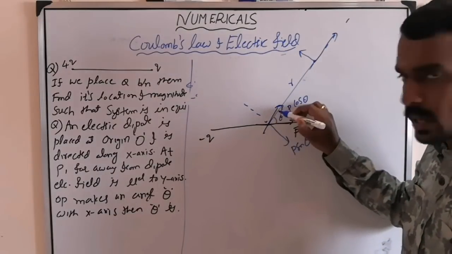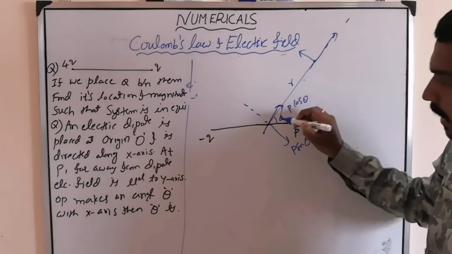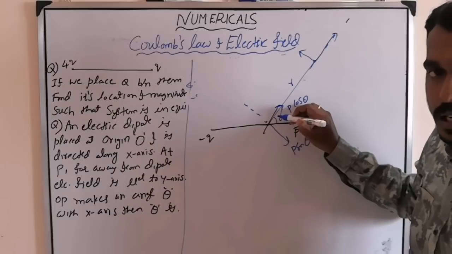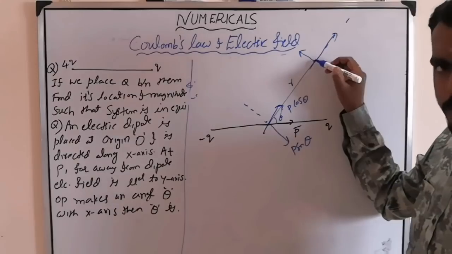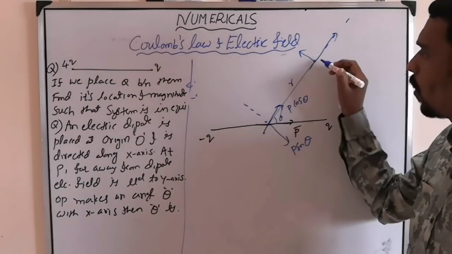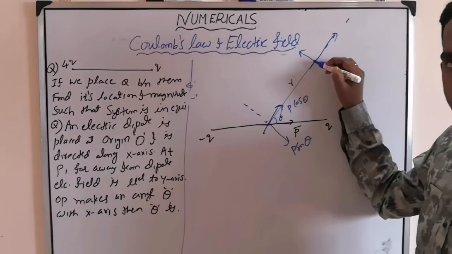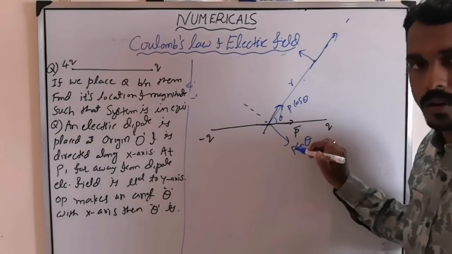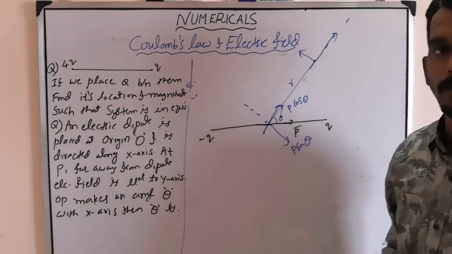So when you consider this dipole, the field is along the dipole because the point is on its axial line. If you consider the same point for this dipole, the point is on its equatorial line, so the field must be opposite to the dipole moment, so upward.